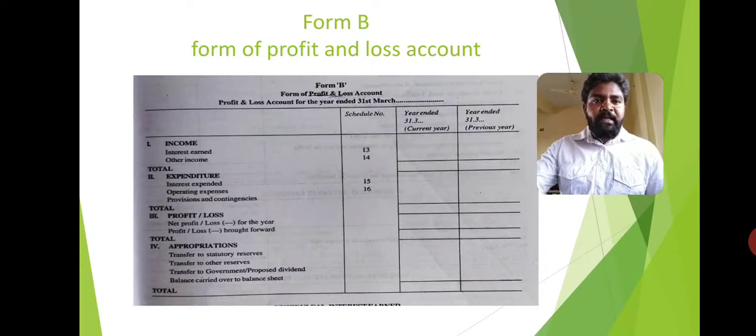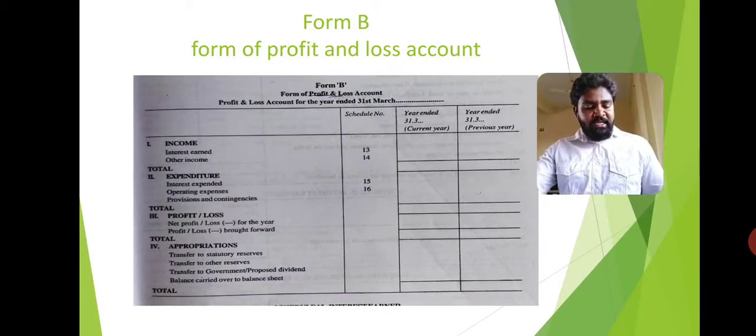While preparing this profit and loss account we have to consider only 4 schedules: schedule number 13, interest earned, schedule number 14, other income, and schedule number 15, interest expended, and operating expenses. For provisions and contingencies there is no schedule number.